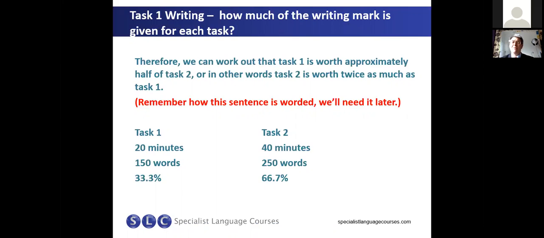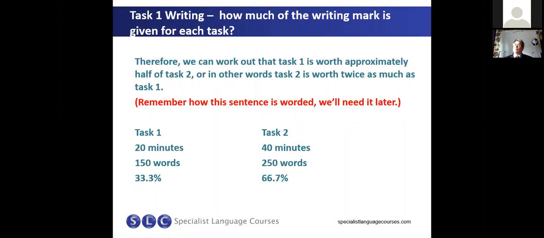I'd like you to remember these words. Remember how this sentence is worded. We're going to need it later. So let's recap. Task 1, 20 minutes, 150 words. It's worth 33.3, or 1/3 of the marks. Task 2, 40 minutes, 250 words.